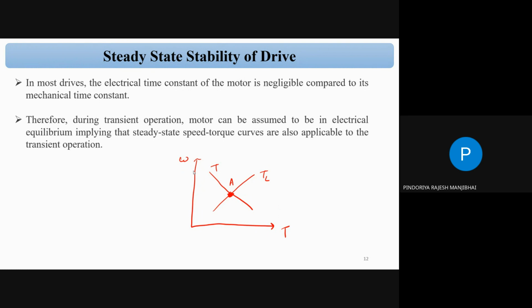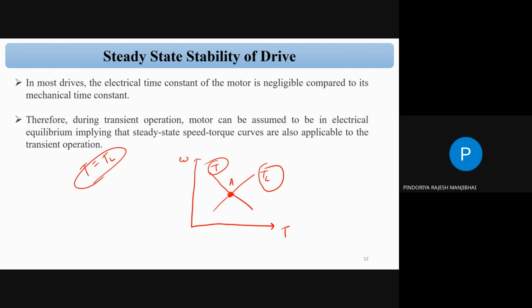In the previous slide we discussed that stable operation means the load torque equals the motor torque. This is the load torque, and this is the motor torque. So when T equals TL, we can say stable operation.